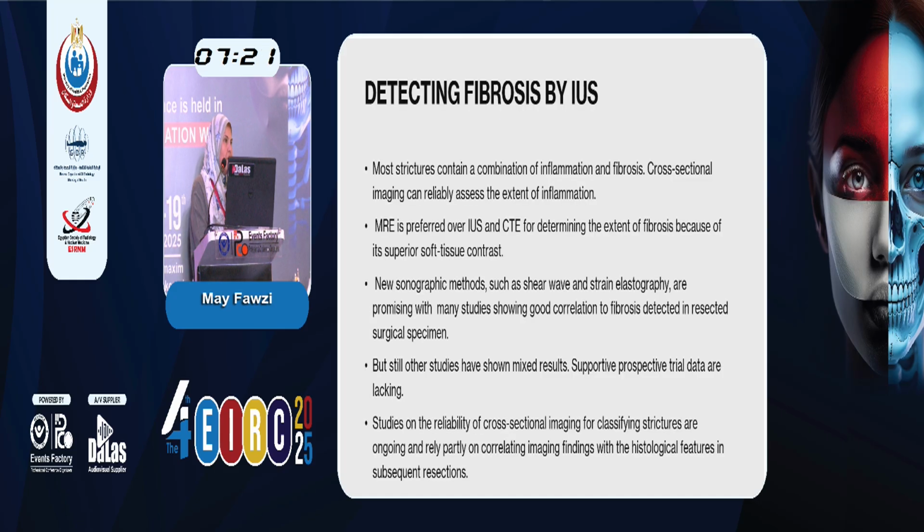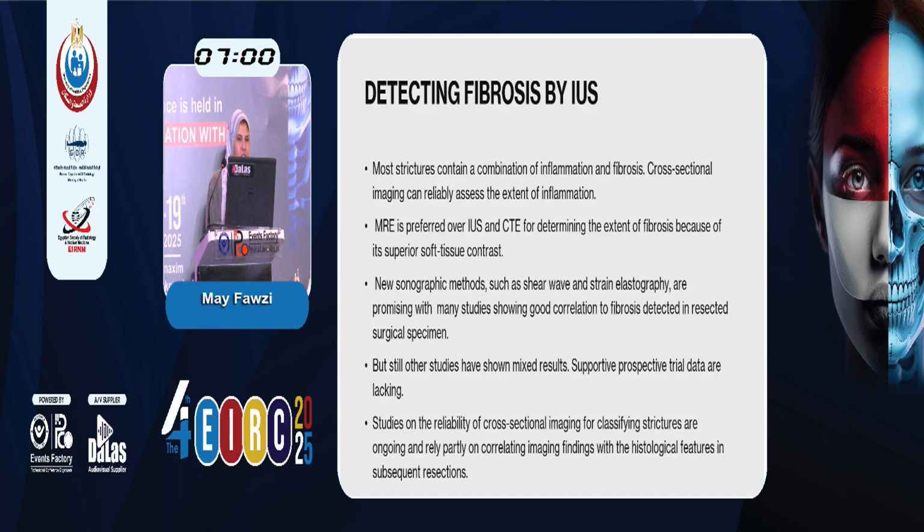Detection of fibrosis in all diagnostic methods is very poor. So I cannot verily say by MR or CT or in ultrasound that this patient has an inflammatory stricture or a fibrotic stricture. Most strictures have both, but which is predominant?